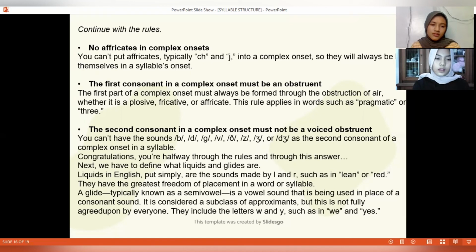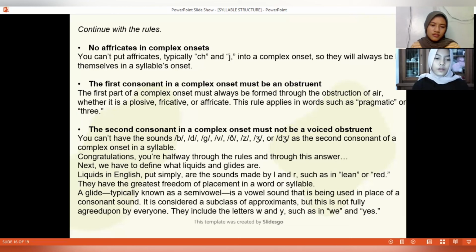And the second consonant in a complex onset must not be a voiced obstruent. You can't have sounds like B, D, G, V, and etc. as the second consonant of a complex onset in a syllable. And liquids in English, put simply, are the sounds made by L and R, such as in learn or read.